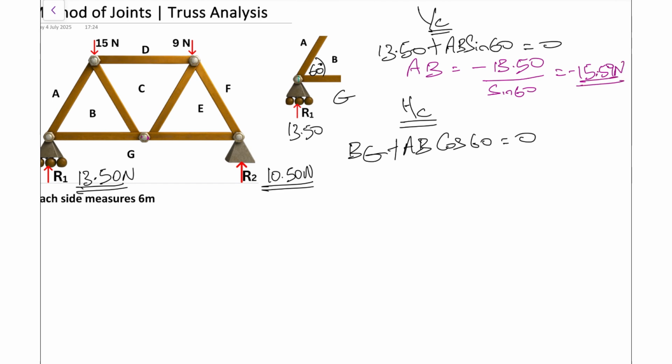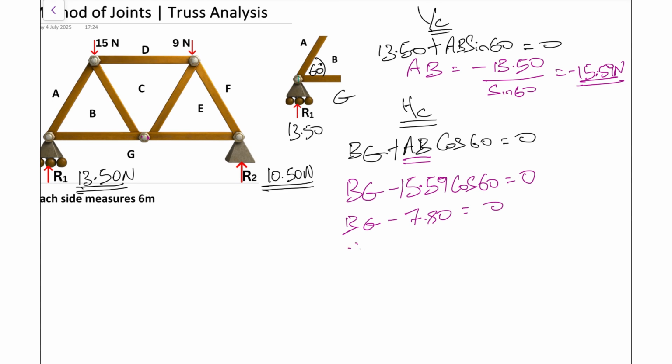Now that we have AB, we can use the value we just calculated for AB and substitute it in this next equation down here so that we have only BG left as an unknown. Because I know that AB is negative, I can substitute negative 15.59 cos 60 equals 0. When we pop that in the calculator, BG minus 7.80 equals 0.